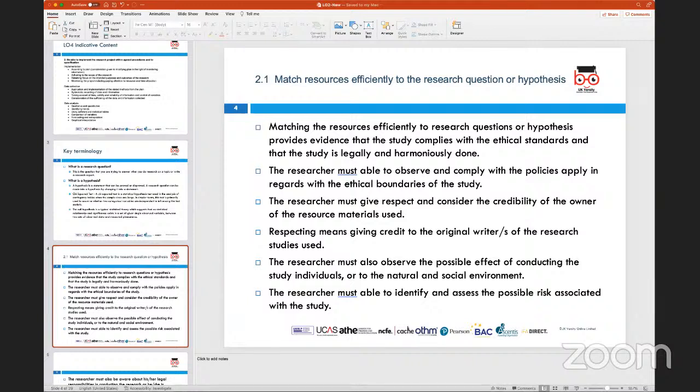In this case, we are looking at complying with some of the ethical boundaries or considerations which we need to take into account. Sometimes when you send out information to participants, inviting them to participate in your research or contribute data, you need to comply with certain ethical considerations.